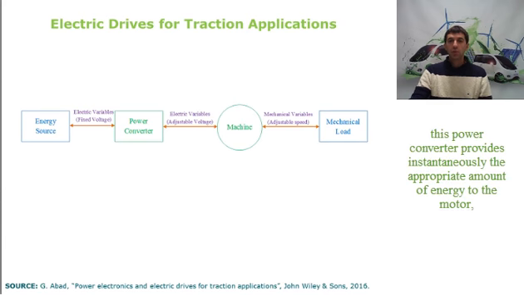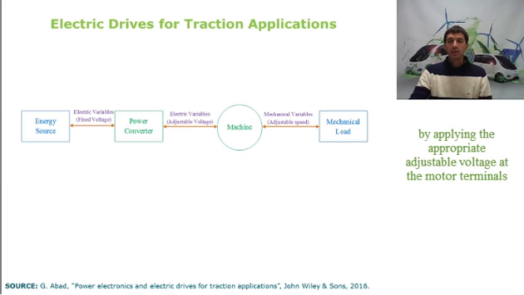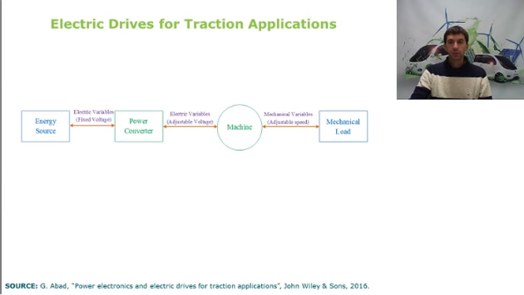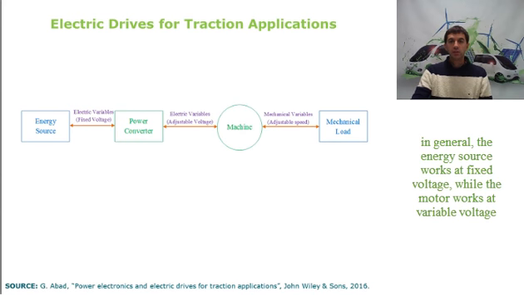This power converter provides instantaneously the appropriate amount of energy to the motor by applying the appropriate adjustable voltage at the motor terminals. In general, the energy source works at fixed voltage while the motor works at variable voltage.